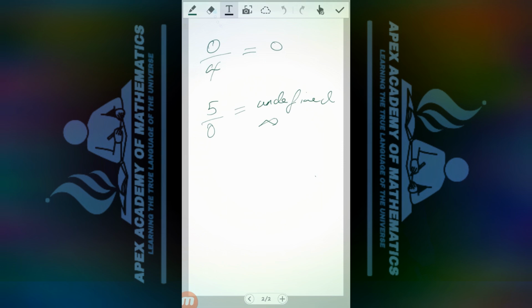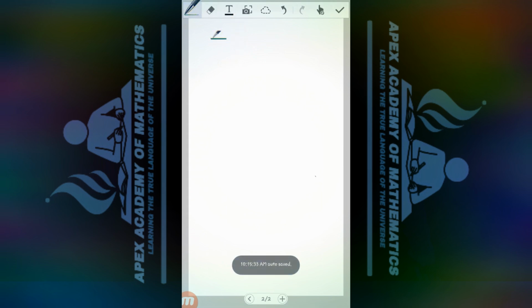So the commutative law basically is saying that if I have two numbers which I am multiplying or adding, then no matter which way I decide to add or multiply them, I'm going to get the same end result. Let's start with multiplication. 2 multiplied by 3 gives an end product of 6.